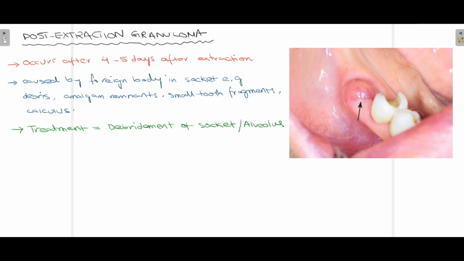After we have clinically diagnosed post-extraction granuloma, the most important treatment is that we debride the socket and alveolus, so that if any irritating factor is present in the socket, we remove it and then automatically this granuloma resolves. So this is how we clinically diagnose post-extraction granuloma and how we manage it as a post-operative complication.